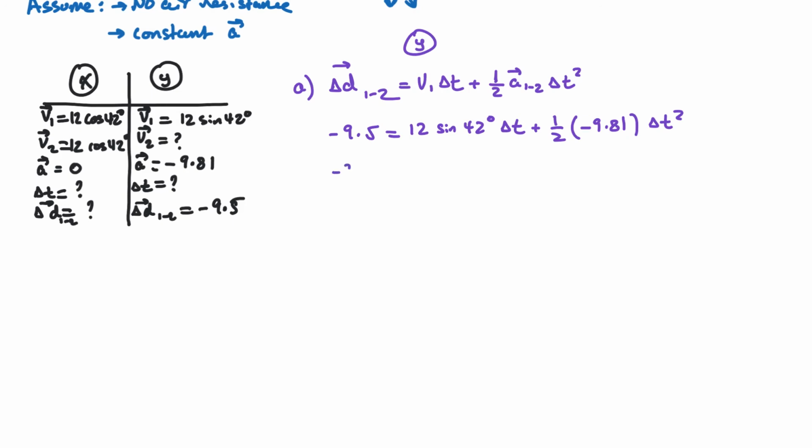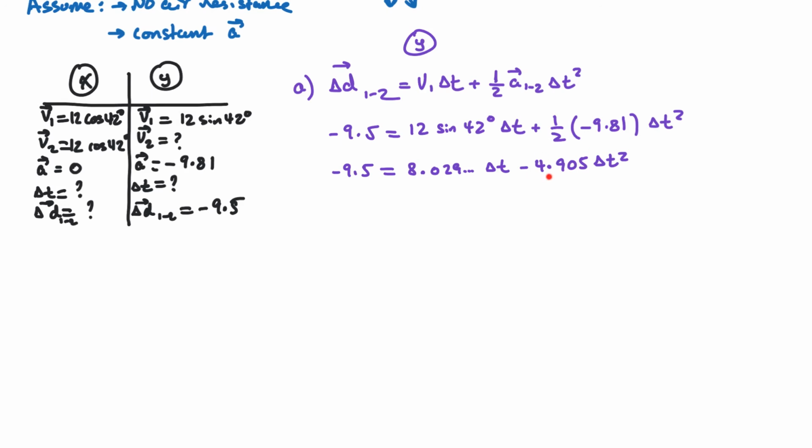Okay, I'm going to get negative 9.5 is equal to 8.029 delta t minus 4.905 delta t squared. I'm going to rearrange this so I have all of the variables on one side.